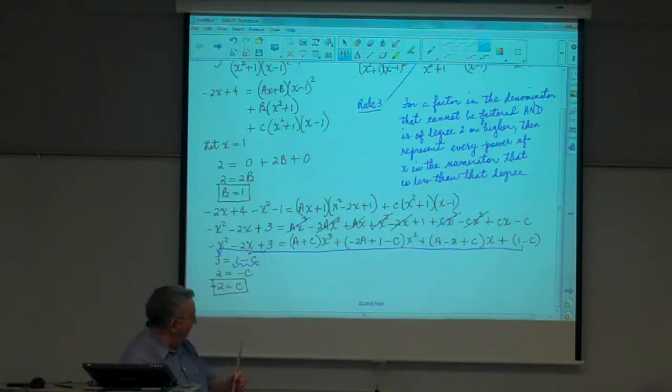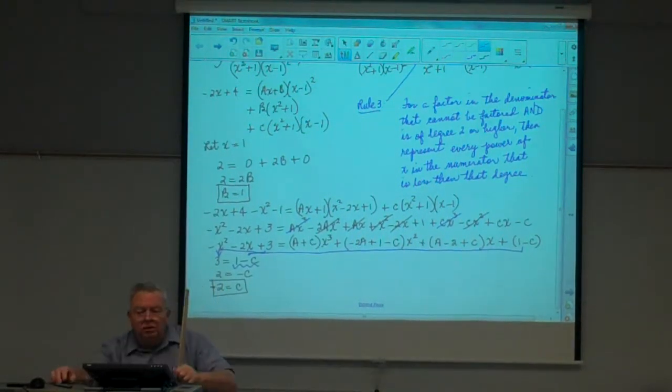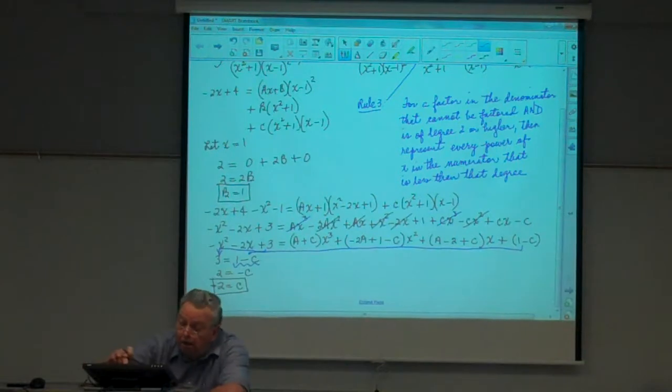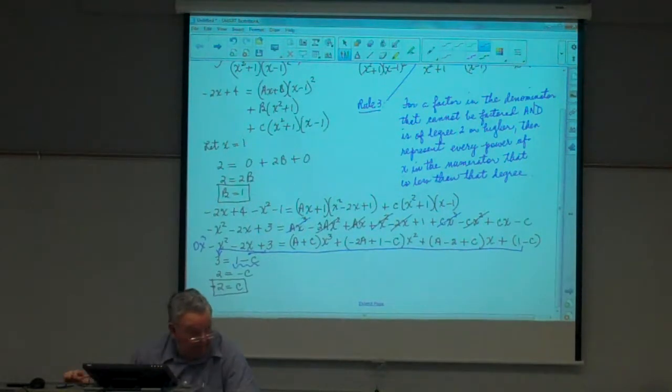And then what I said is, the coefficient of x cubed over here, isn't this 0x cubed? Doesn't that say x cubed is not there? Yes or no?